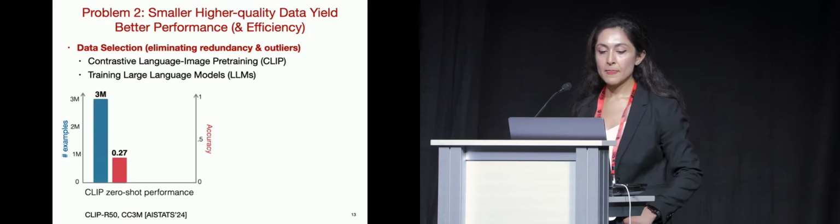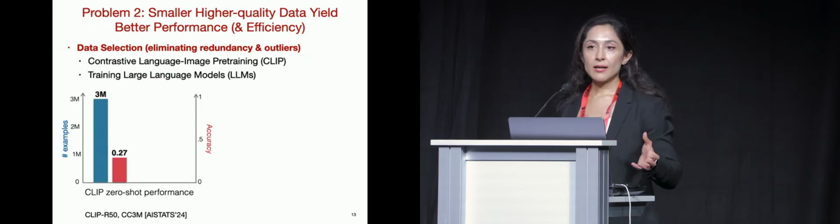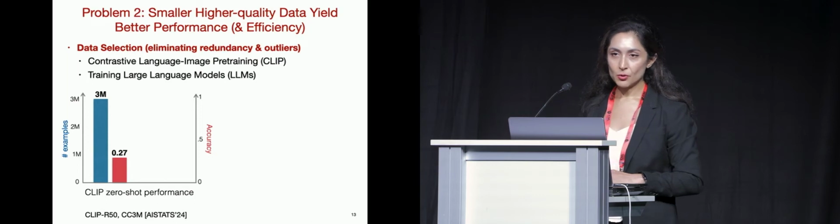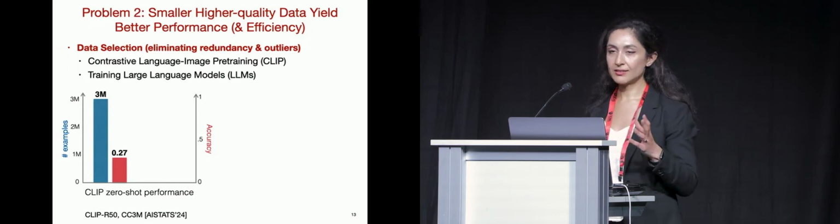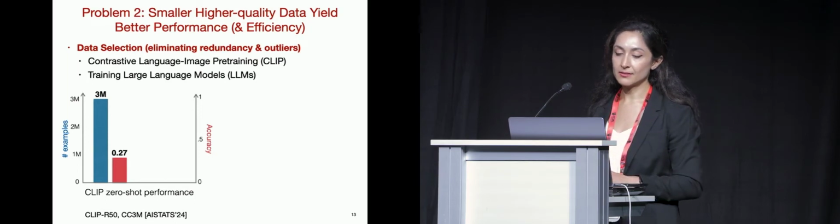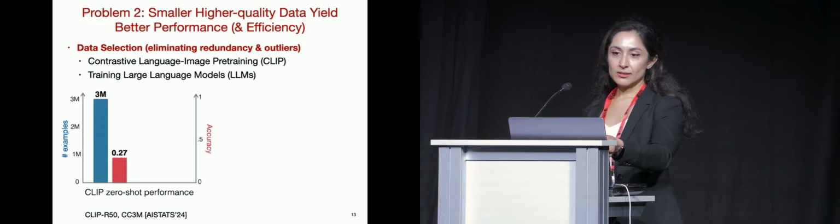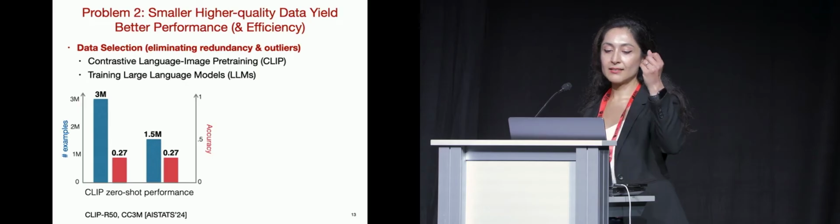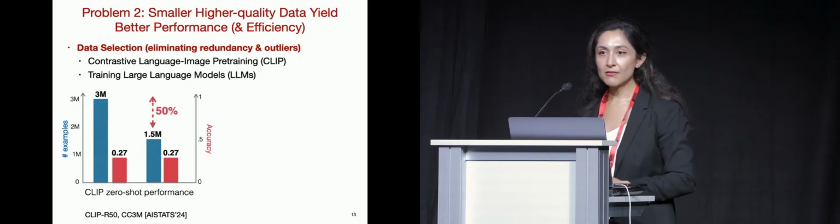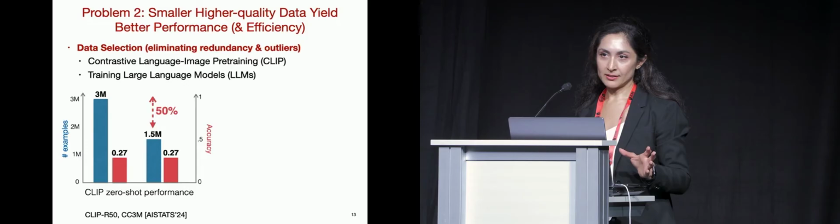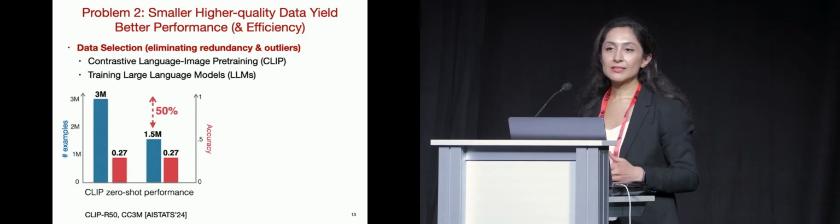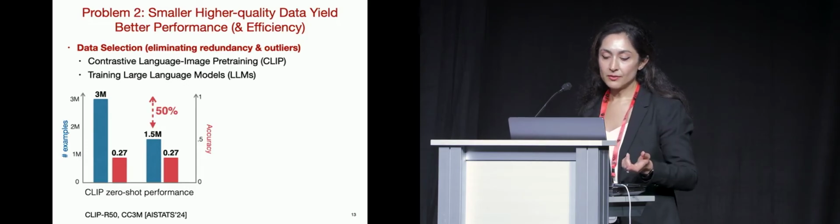Starting with CLIP, this is training on Conceptual Captions 3 million examples, which doesn't contain noisy and bad data. With 3 million examples, we get this accuracy on ImageNet. We can reduce the size of the data by half just by dropping the redundancies, and we can get the same, or sometimes slightly better, performance.